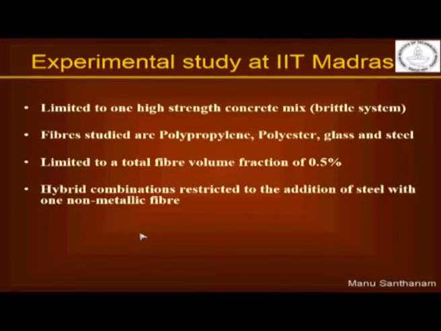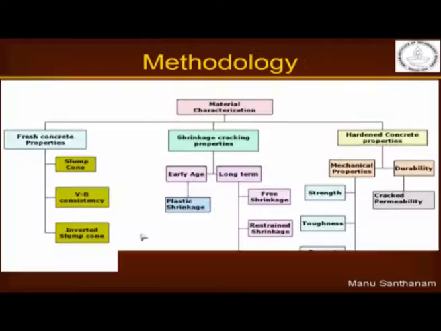Now, for these cracks, there is no point in having steel fibers there, because steel fibers are not really effective at such low stress levels that result in plastic shrinkage cracking, right. In those cases, polymeric fibers like polyester and polypropylene could be quite useful. Okay. So, in that case, one would really benefit from using a combination of these polymeric fibers and the steel fiber. So, we also tested here the combination of steel along with polypropylene or polyester fibers.